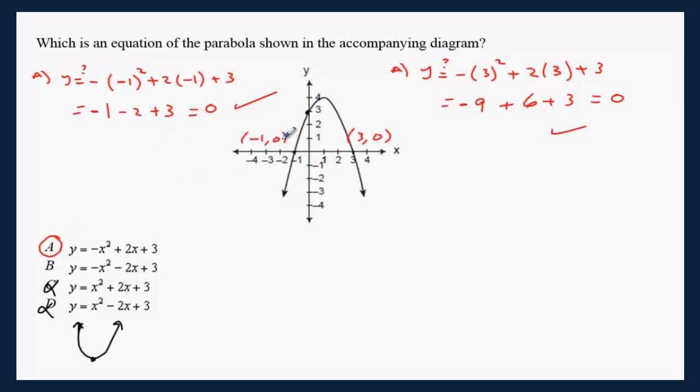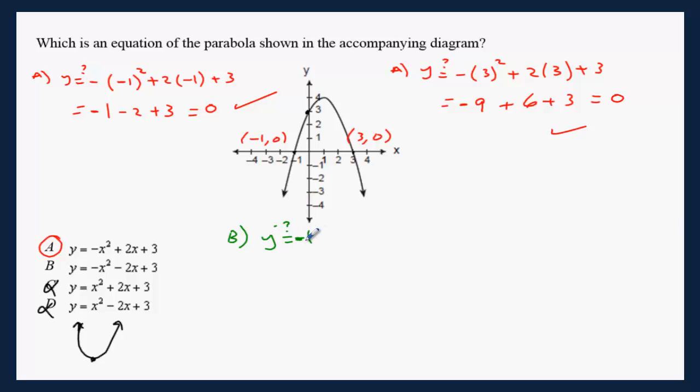When you substitute 3 for x, you get 0 for y. When you substitute -1 for x, you get 0 for y. To confirm, let's try choice B. y equals, question mark, let's try -1.